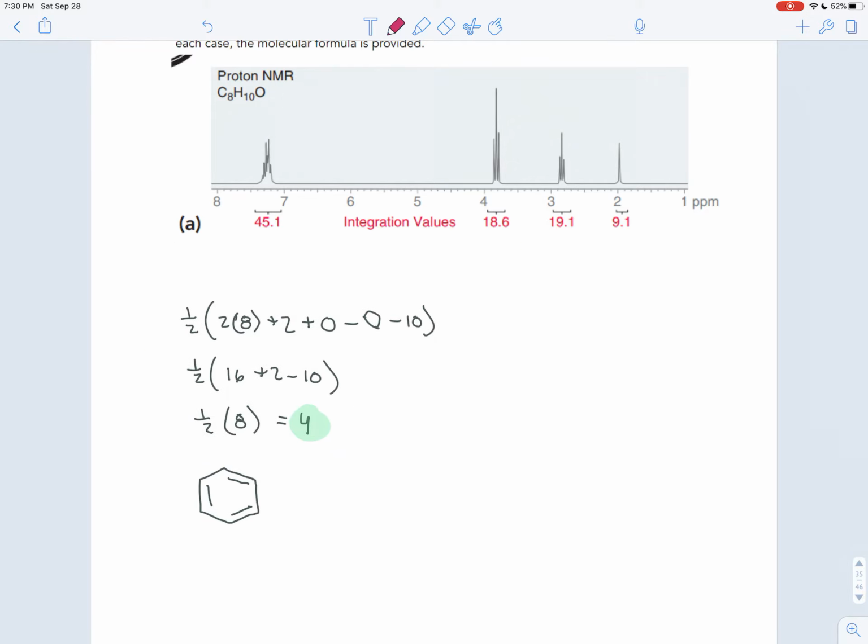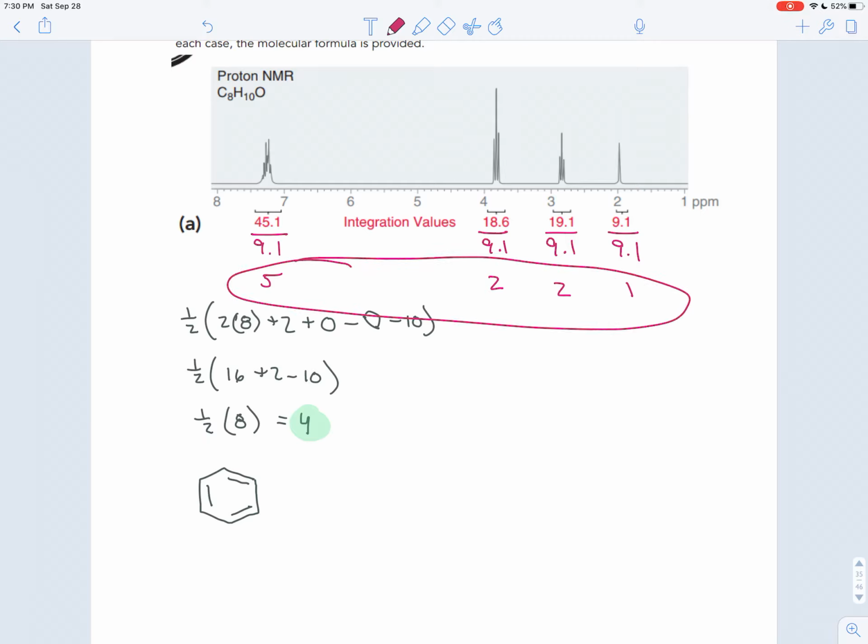So the lowest number here is 9.1. So I'm going to divide all of these by 9.1. And so that gives me a 5 for this one, 2, 2, and 1.